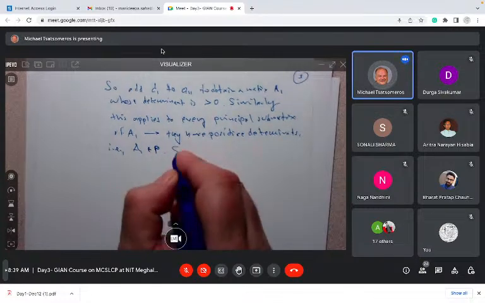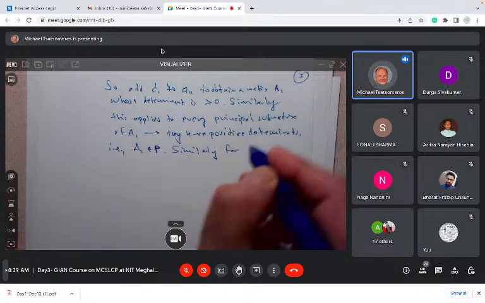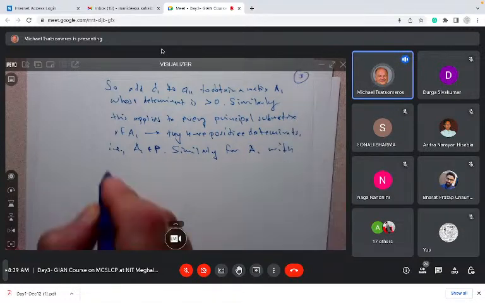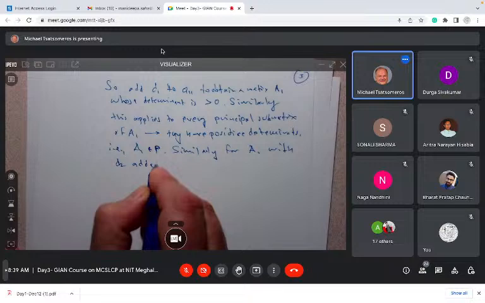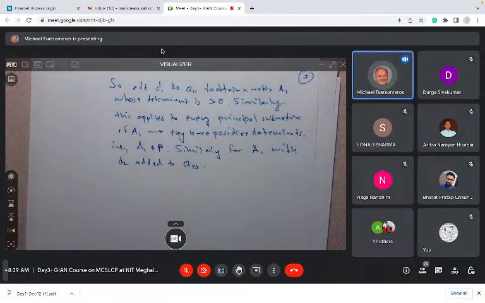Well, similarly for A1 with D2 added to its 2,2 entry, which is A22. The derivative of the determinant of every principal submatrix of A1 that contains that row is positive, because A1 is still a P matrix, and therefore all these determinants are going to increase.